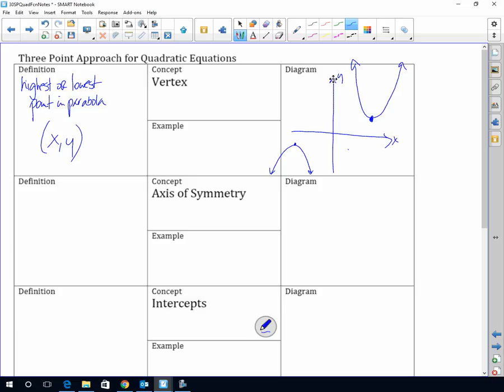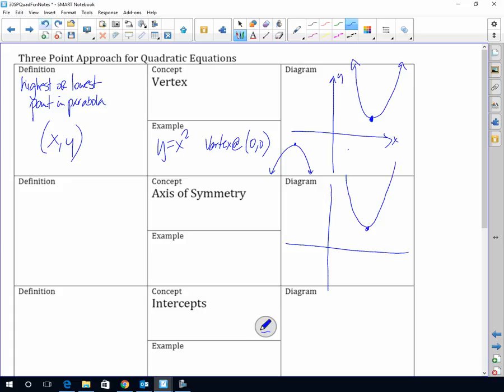Okay, axis of symmetry. Some people are having trouble remembering what I meant by that. If I have a parabola here and here's my vertex, oh, that's a bad drawing. I'll try that again. So if I have my vertex here and it looks like this, my axis of symmetry, I'm going to draw it as a dashed line. This is my axis of symmetry. And what is it?